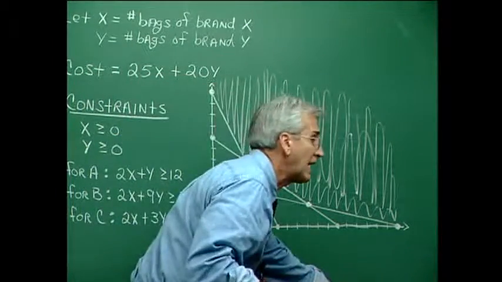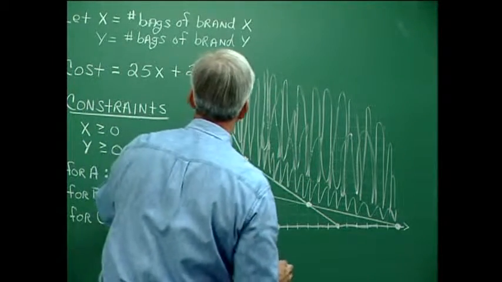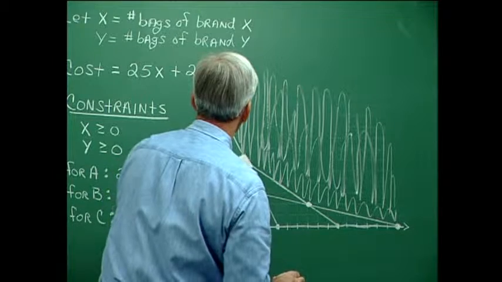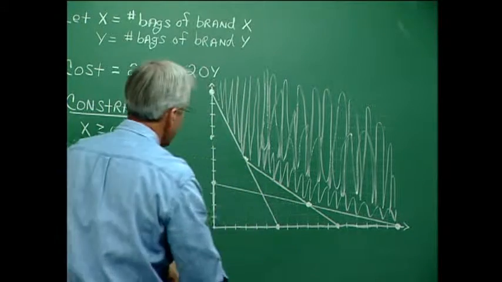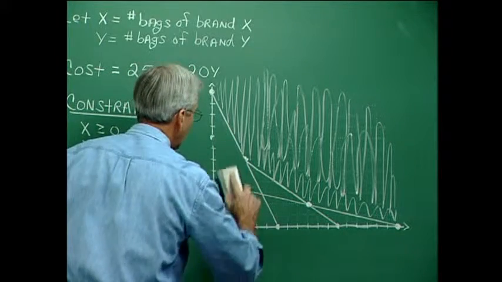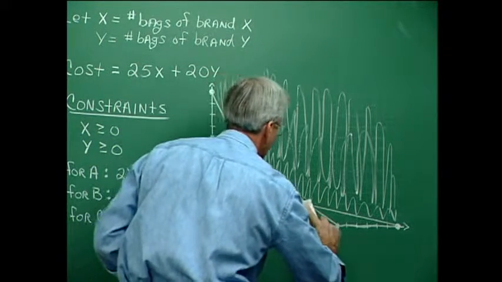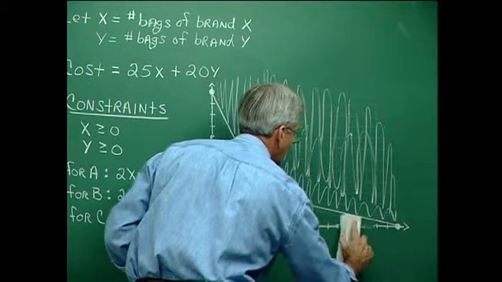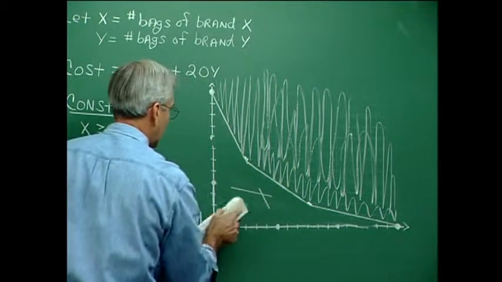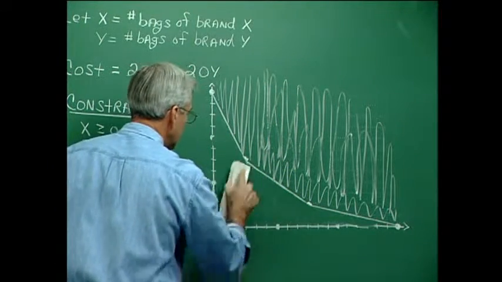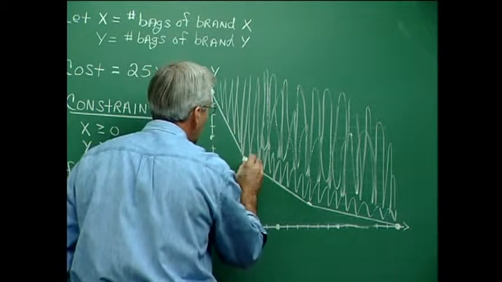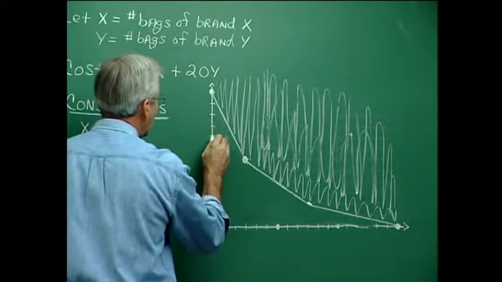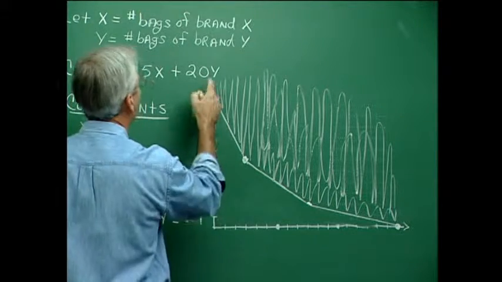Well, let's see, I can clean it up quite a bit here by erasing a little bit in here. Okay, here we go. We've got a vertex point at, let's see, this is 0, 12.